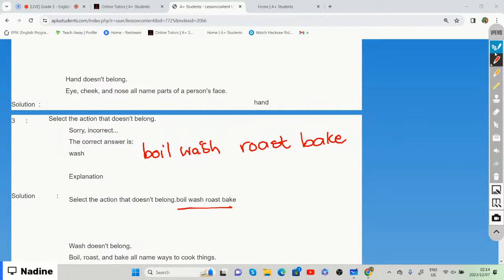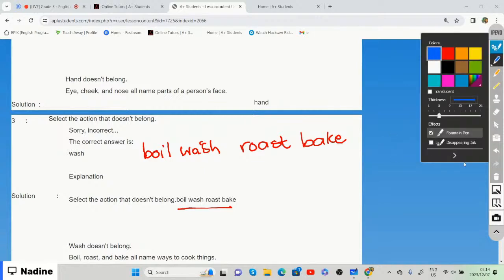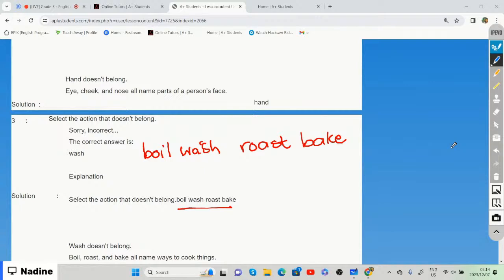All right. If we select one of these words, then we can say wash is not a related word, right? Because wash is not a way to cook. Remember, we wash our meat, we wash our veggies and stuff before we cook. However, boil, roast, and bake are ways of cooking, right?